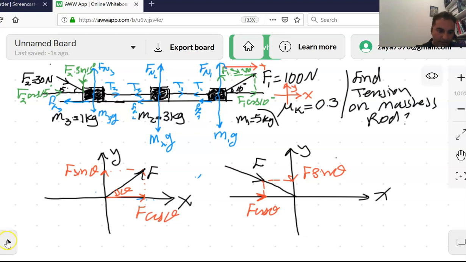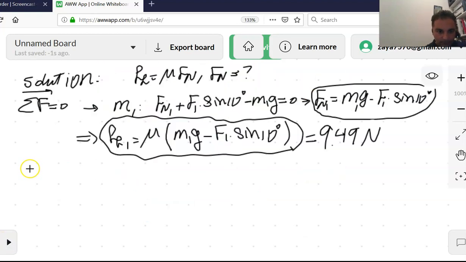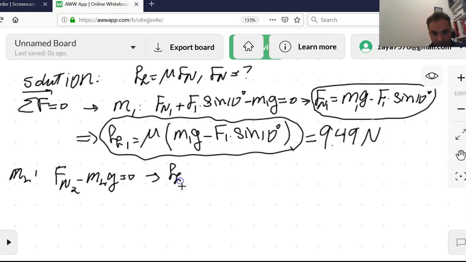What do we have for object 2? For M2, I am going to have Fn2 minus M2g equals 0. Therefore, for my friction force for object 2, Fn2 becomes equal to M2g.